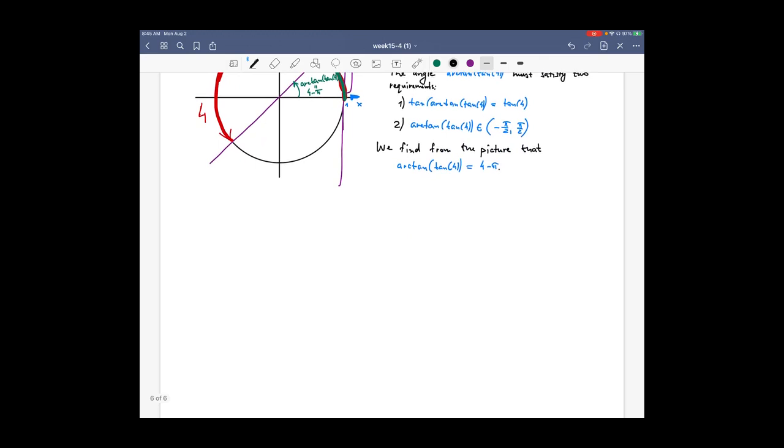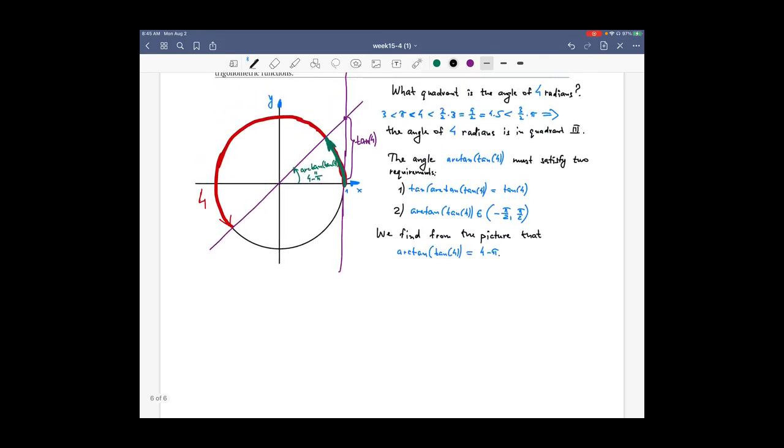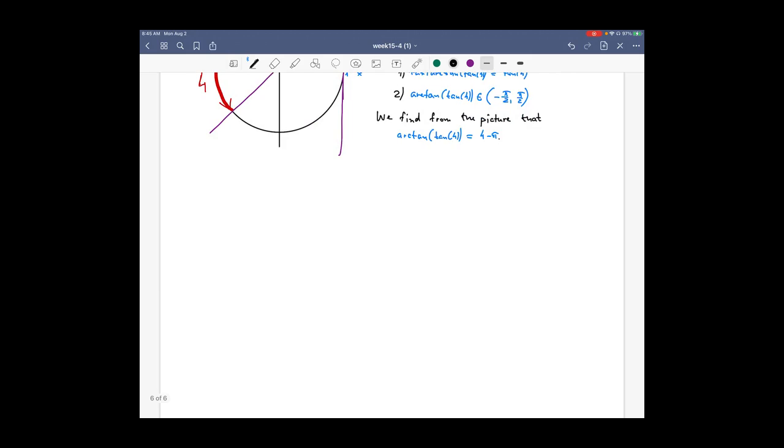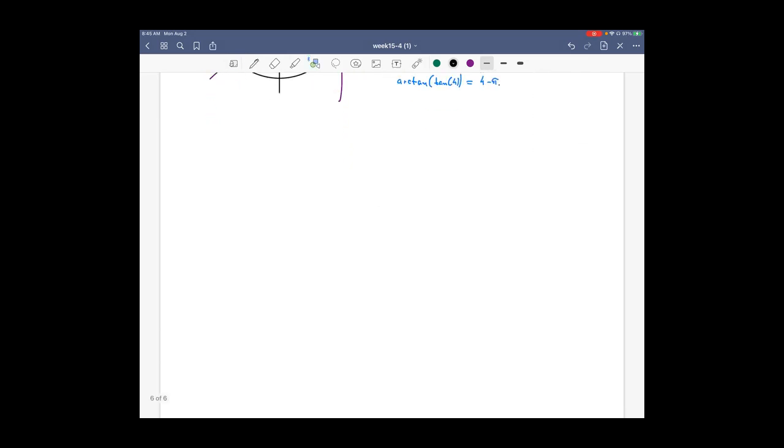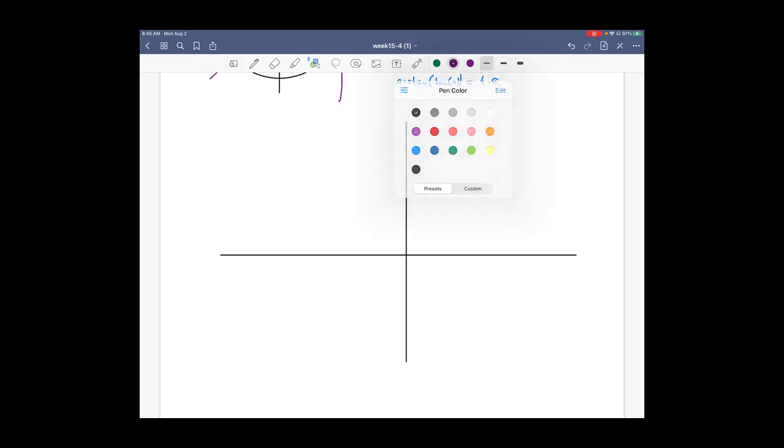Another way to solve this problem is to draw the graph of tangent and to show 4, tangent 4 and arctangent of tangent 4 in the same picture using the graph. Let's show vertical asymptotes.